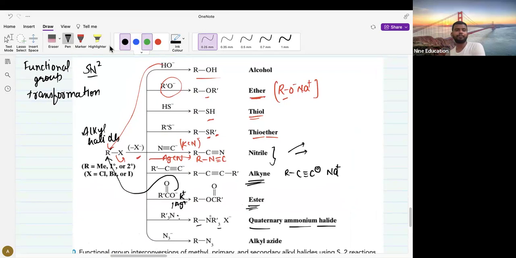These all which you have seen are nucleophiles, which are attacking on carbon substrate to remove a leaving group.